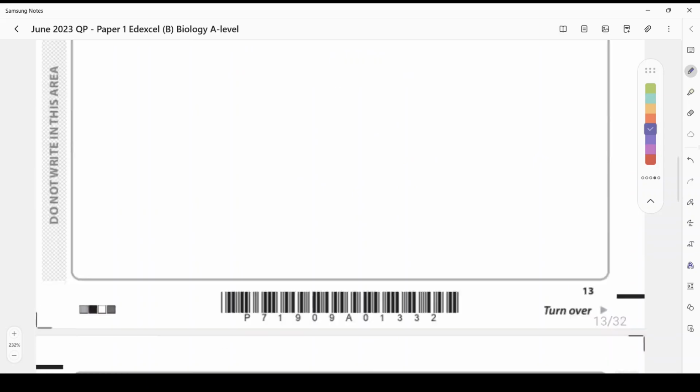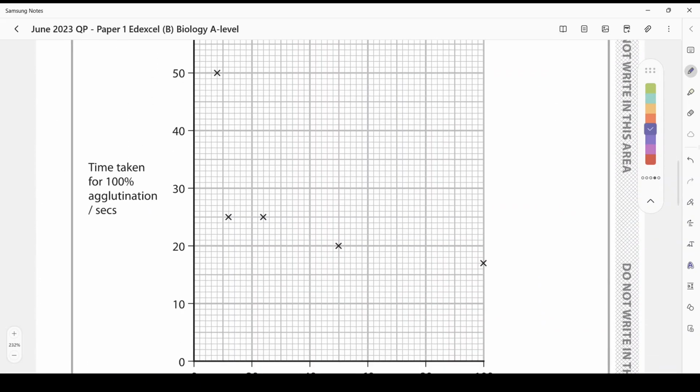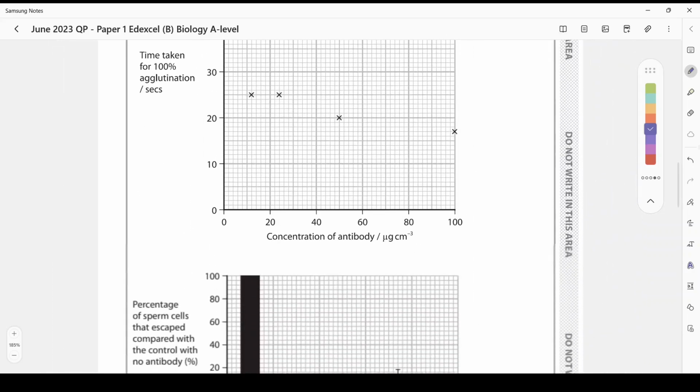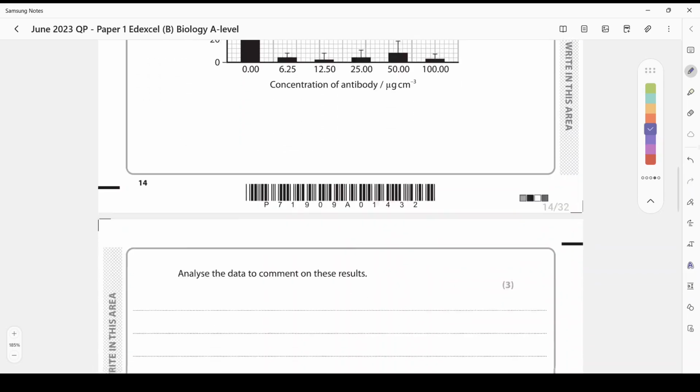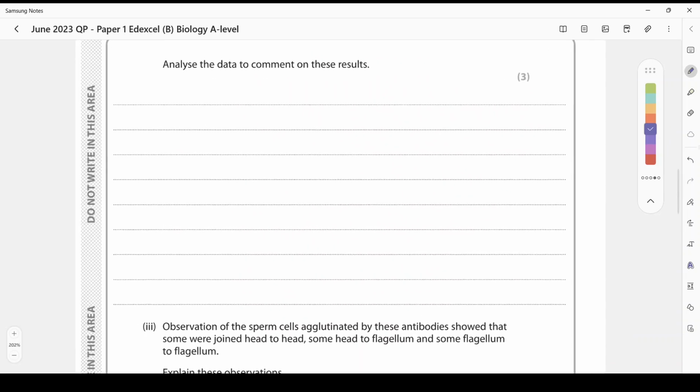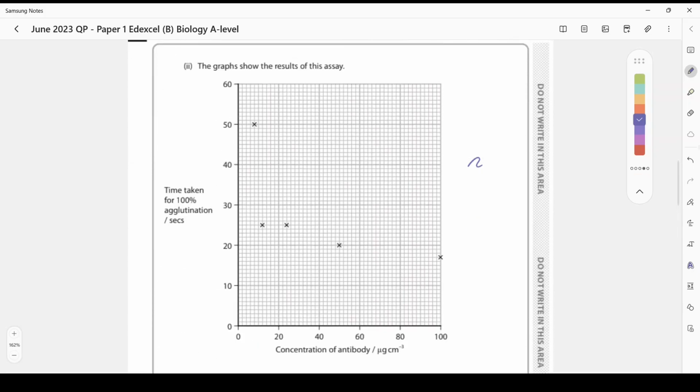Let's go on to part 2. The graph shows the result of this assay, and the percentage of sperm cells that escaped compared with the control with no antibodies. Analyze the data to comment on these results. Let's look at the first graph. Whenever we're talking about trends, it's good to phrase your trend as something increases, this increases or decreases.